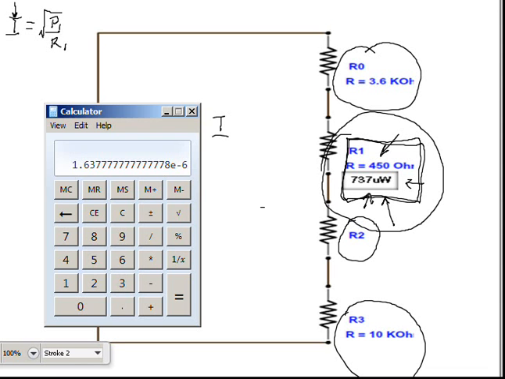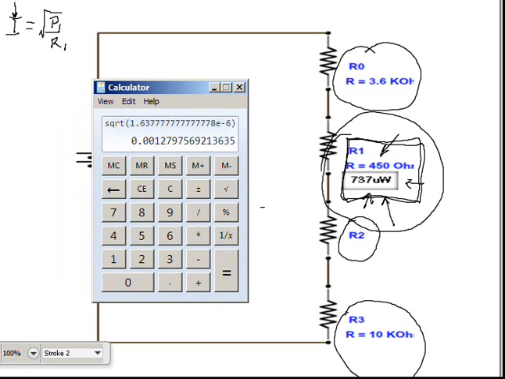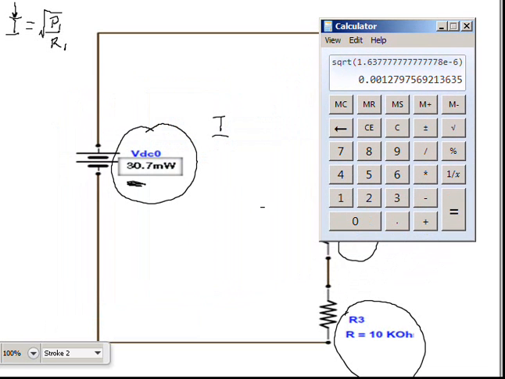Now let's take the square root of it, which comes out to 1.2. Well, how about that? Closer to 1.3, but we'll say 1.28. Yeah, 1.28 milliamps.